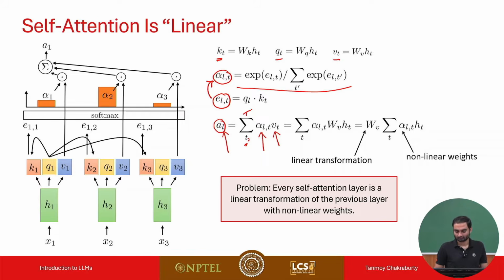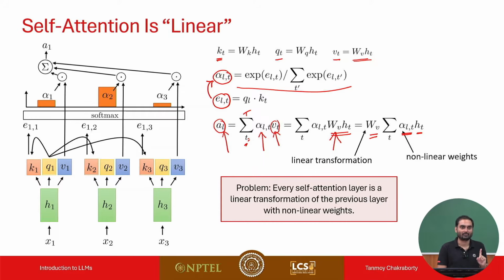If you replace V_t by W_V h_t, you will get this. W_V is independent of t, so you can keep it outside. Now it is essentially alpha_lt, which is the attention score, and h_t, the hidden state, the input.